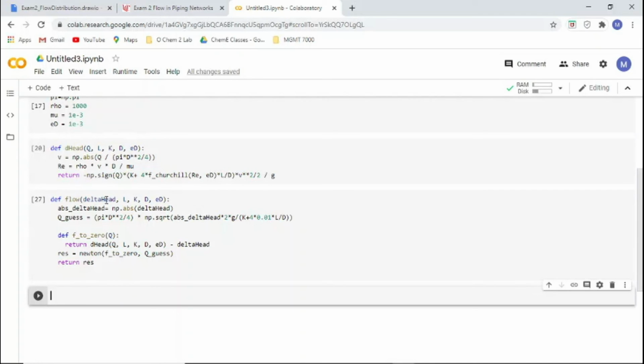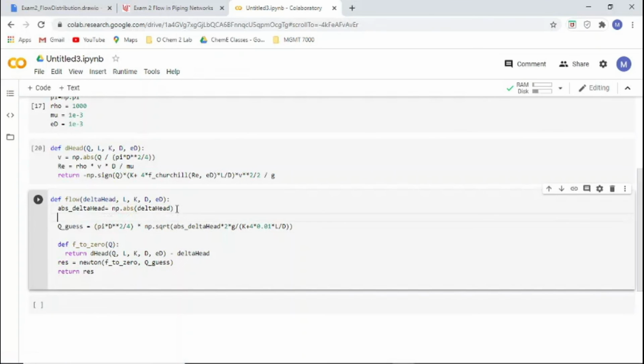So then the next pitfall that we need to look at is, what if our change in head was 0? The next thing we need to account for is if the absolute value of our delta head was really, really small or equal to 0. If it was equal to 0, then when using the root finder, we would get a lot of errors. So in order to avoid that, we're going to incorporate an if statement.